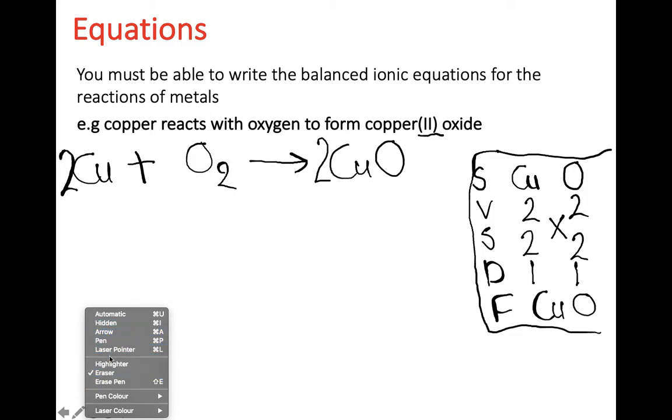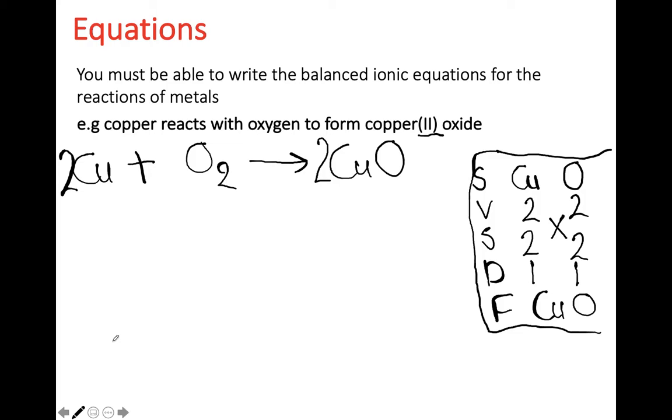Now, quick reminder, our ionic compounds are those made from metal and non-metal ions. So copper is just metal, not ionic. Oxygen, non-metal, not ionic. Copper oxide, on the other hand, is made from copper ions and oxygen ions. So it would, in fact, be an ionic compound.